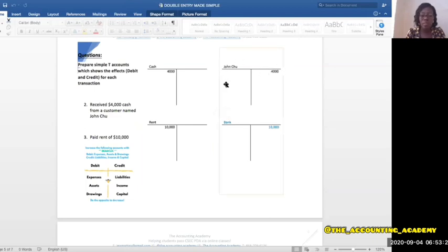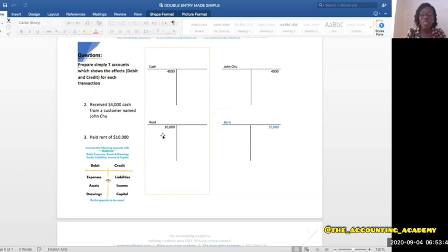Simple, lovely. Now we have paid rent of 10,000, and I'm going to use a check. So I have my rent account and I have my bank account. Rent is an expense, and we know according to DEAD CLIC, we debit our expenses when we want to increase it.